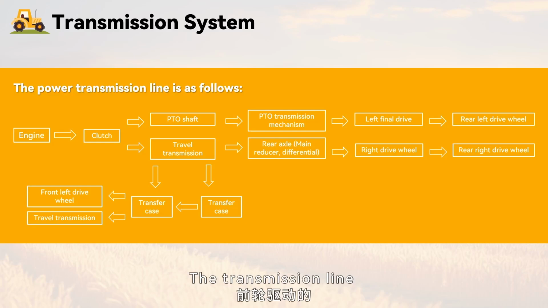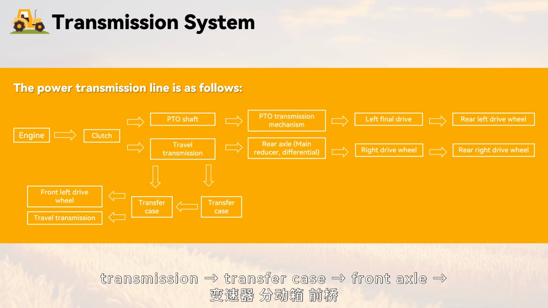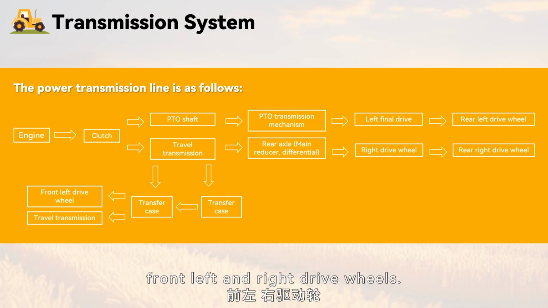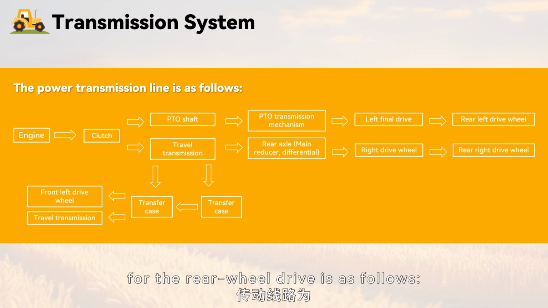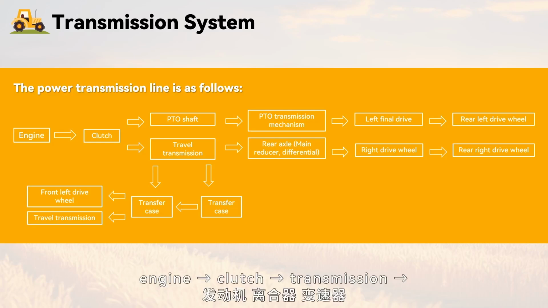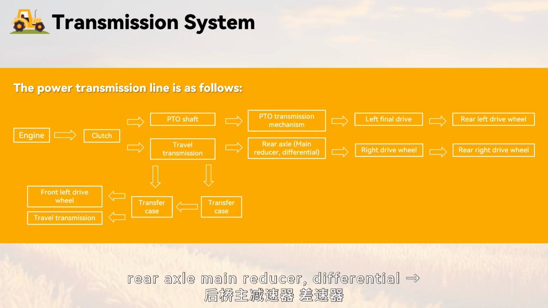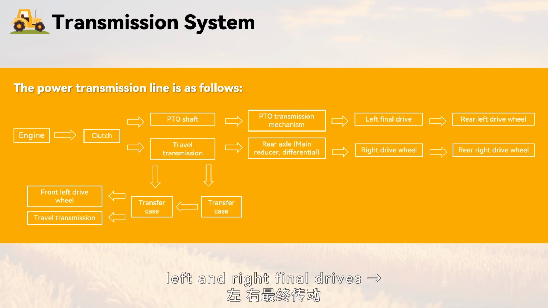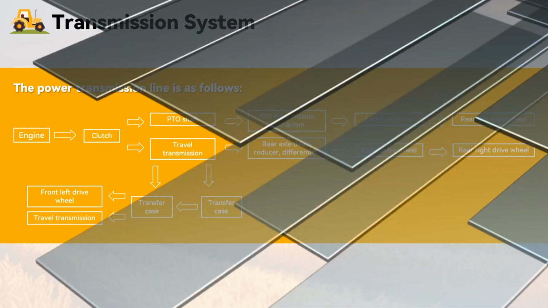The transmission line for the front-wheel drive is as follows: engine to clutch, to transmission, to transfer case, to front axle, to front left and right drive wheels. The transmission line for the rear-wheel drive is as follows: engine to clutch, to transmission, to rear axle main reducer, differential to left and right final drives, to rear left and right drive wheels.